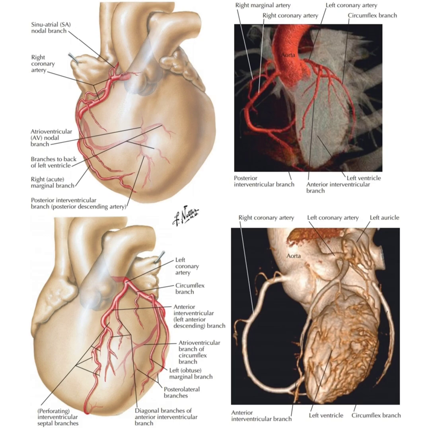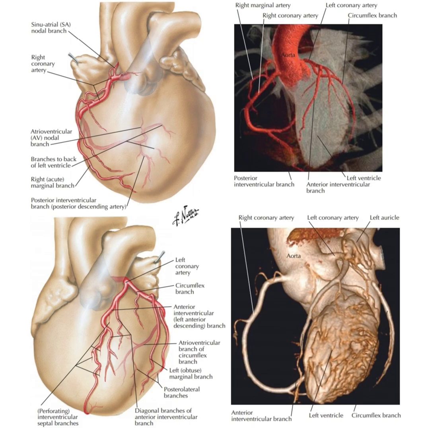The right coronary artery supplies the conducting system of the heart, that is the SA node and AV node, in most cases. So by this we have ended the coronary circulation.